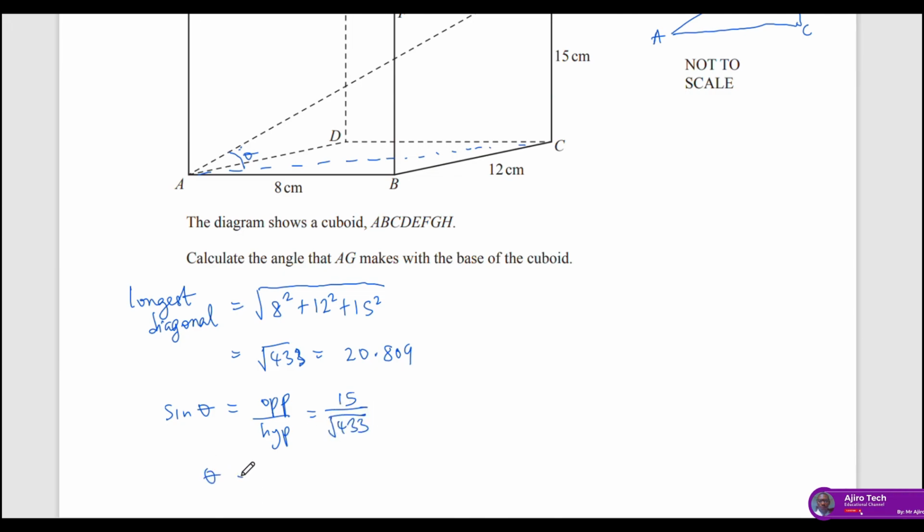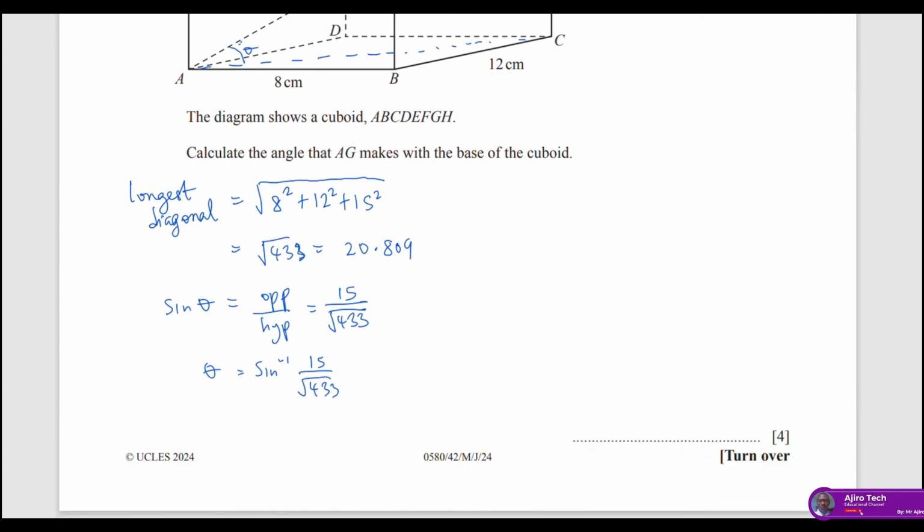Theta should be sine inverse of 15 over root 433. So 15 divided by answer, now shift sine answer. I'm going to get 46.125. You leave angles in one decimal place, so 46.1 degrees.